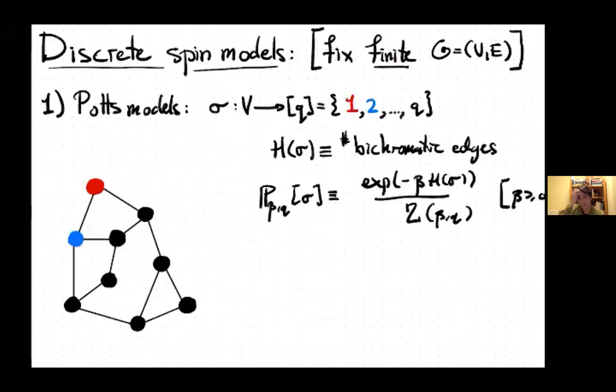Okay, so this is the ferromagnetic Potts model with q colors, and I think it's fair to say that we know an enormous amount about it. In fact, it's maybe one of the models we have the best control over. So at least if we are talking about Z^d, we know that there are phase transitions.